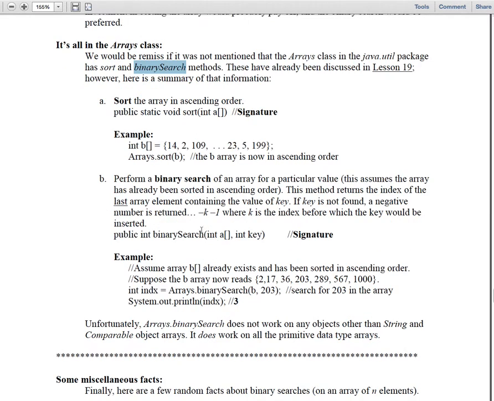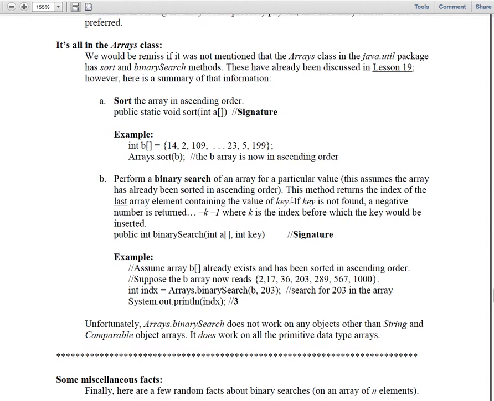And the binary search method returns the index of the last element containing the value of the key. So what does that mean? That means if 5 is the value being searched for in the array, and 5 is at indices 3 and 10, then running binary search on the array is going to give you back index 10, right?